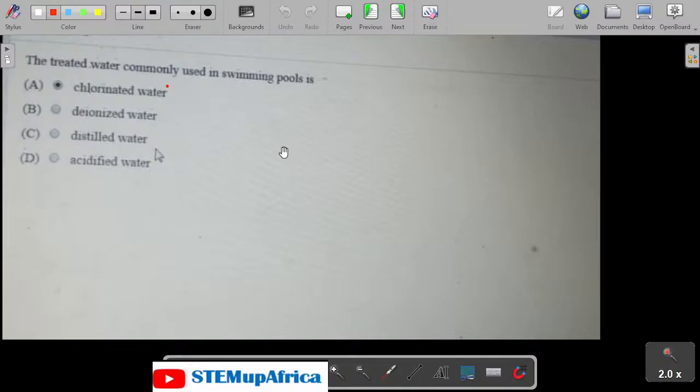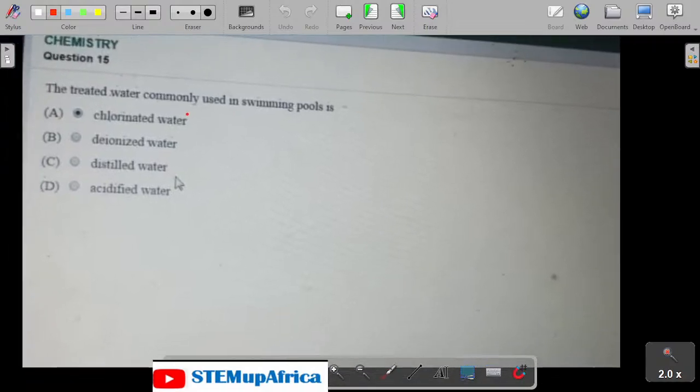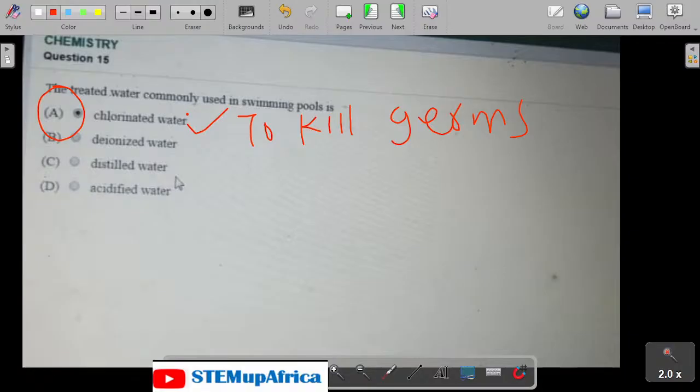There are different substances used in treatment of water in swimming pools, like we use alum to coagulate water particles, and we use chlorine to kill germs and other substances. So the answer to this question is chlorinated water. The reason is that we use chlorinated water to kill germs in the water.